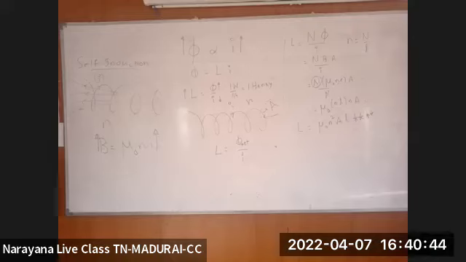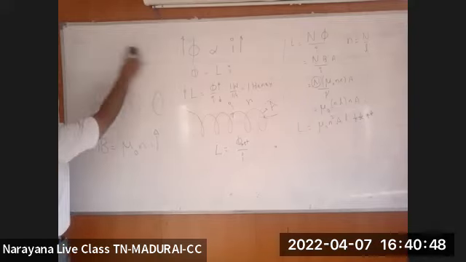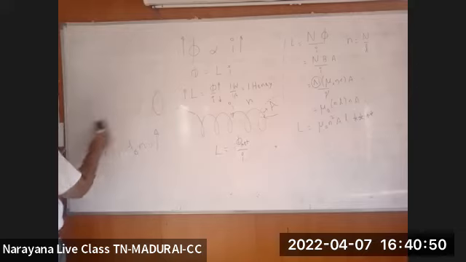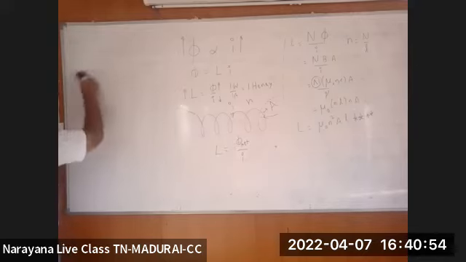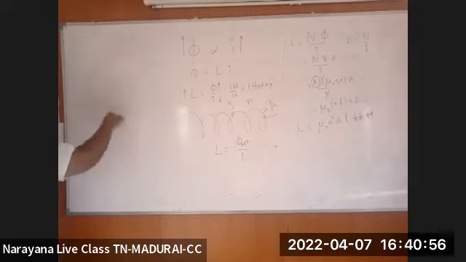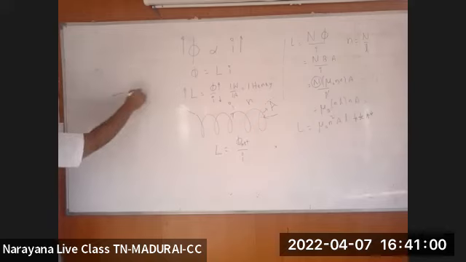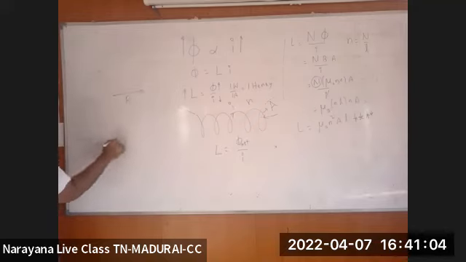Now instead of taking a long solenoid, I am taking only one turn. One circular turn I am taking. This is one circular turn of radius capital R. You have to find the coefficient of self-inductance of this single turn circular coil.